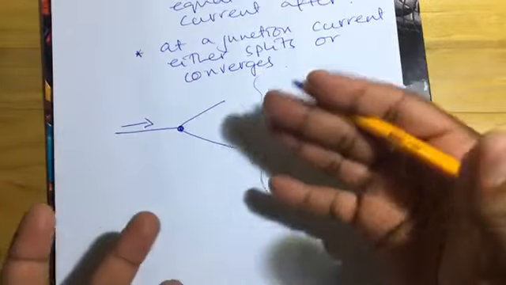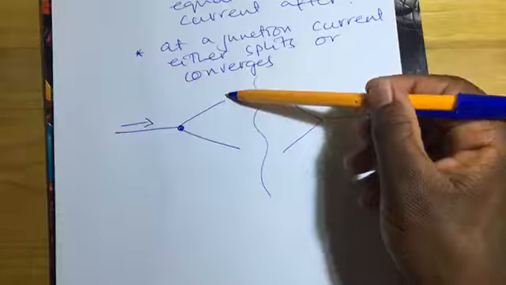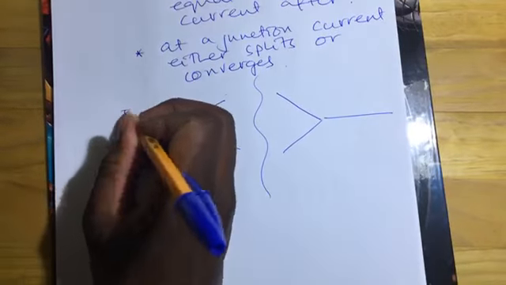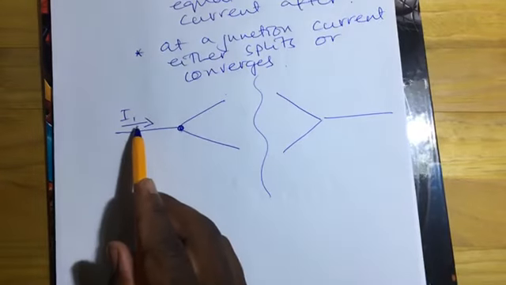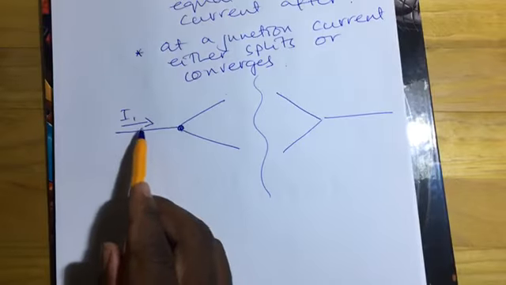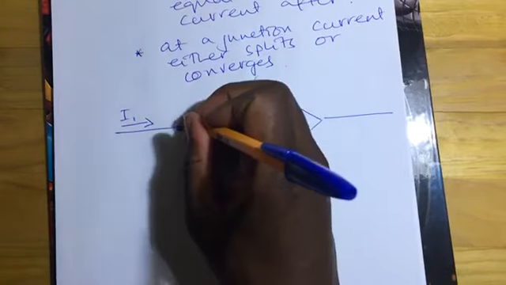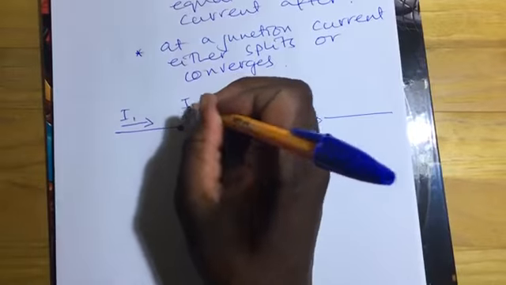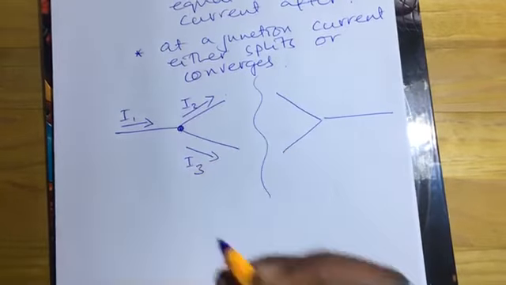It splits according to other factors, like what resistor you have on each side. I'm going to call this current I1, which appears to be the main current. This current is going to split into two, one part going this side, one part going this side. I'll name them I2 and I3.